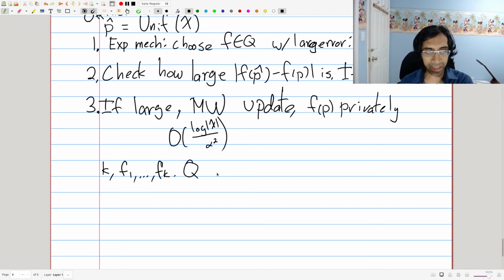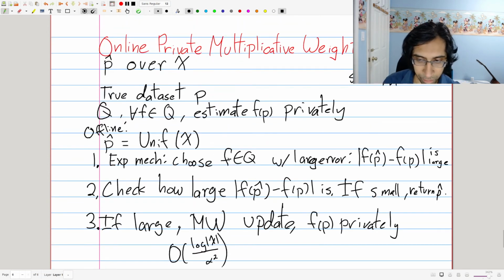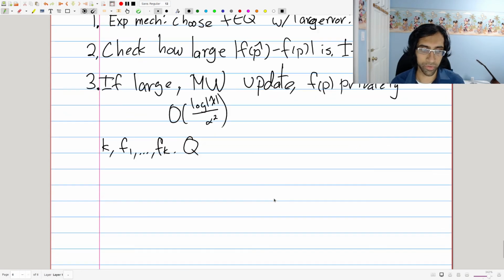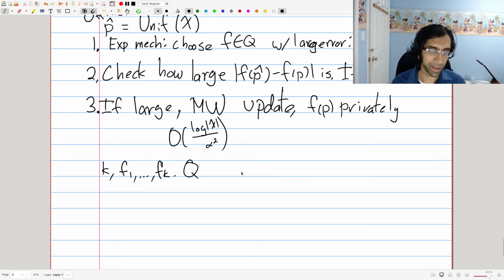Our goal is slightly relaxed from what we gave before. Before, we gave a p hat that would match the answer of the query on all queries in the set of queries at the same time. But in the online setting, we're going to give something a little bit simpler. We're just going to try to answer the queries as they come.